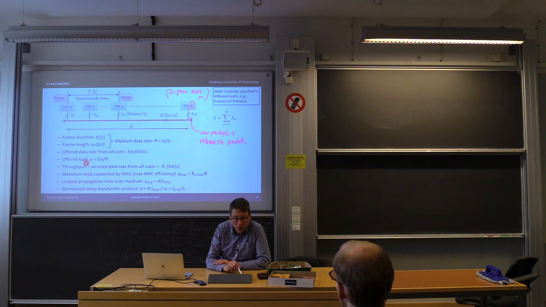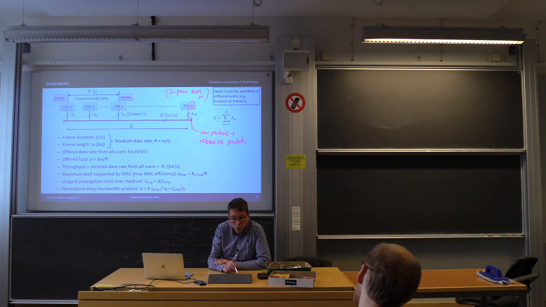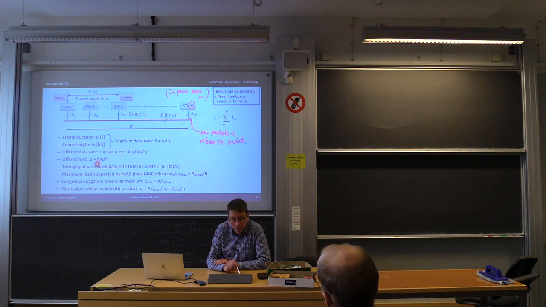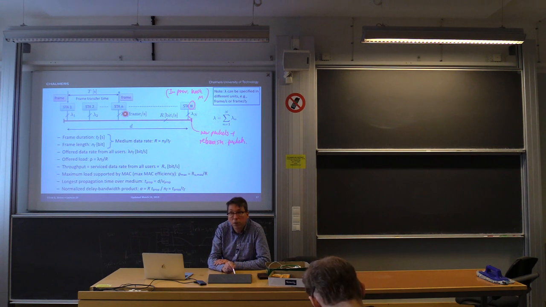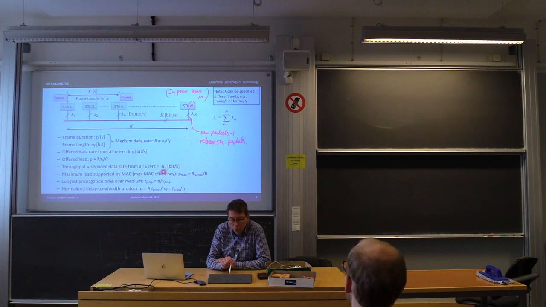The load is how much the offered traffic is in relationship to the capacity of the medium, so it's lambda times nf divided by R. This offered load could sometimes be supported by the medium and sometimes not. There is a maximum value that the medium can support, which depends on how smart the medium access control is. Anyways, the throughput is the service data rate from all the users, which is RU bits per second.